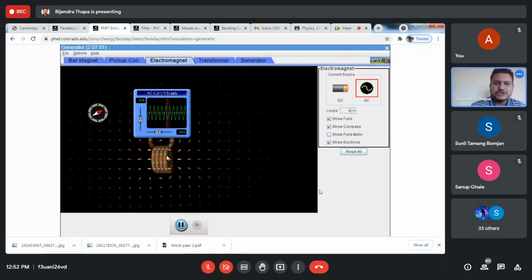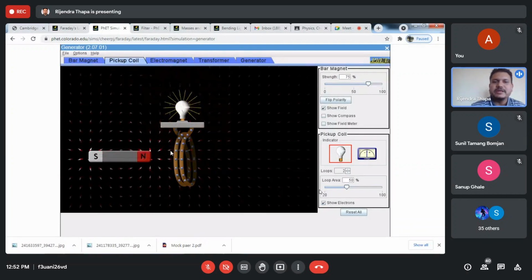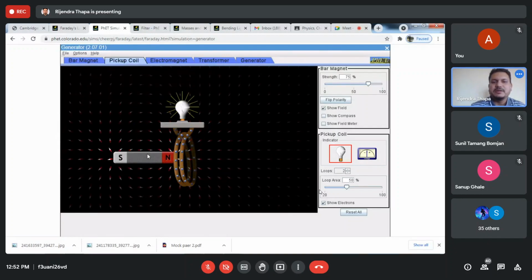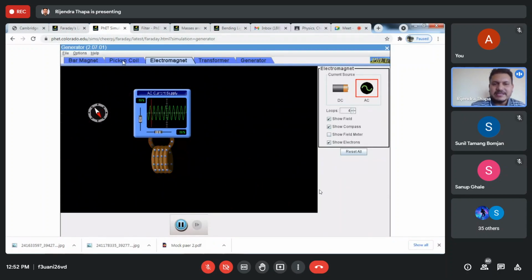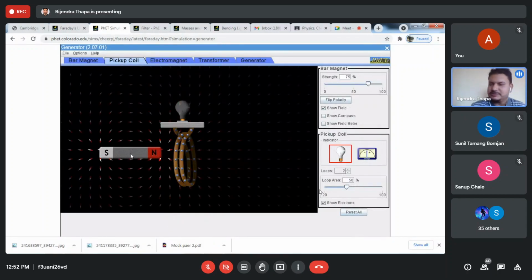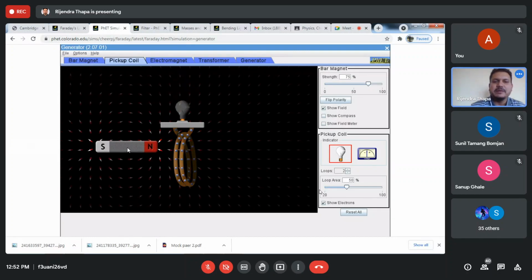Again listen to me properly: the charge in motion will create the magnetic field, and there has to be a change in the magnetic field. And the change in the magnetic field will create the electric field. I think I'm clear now, right?